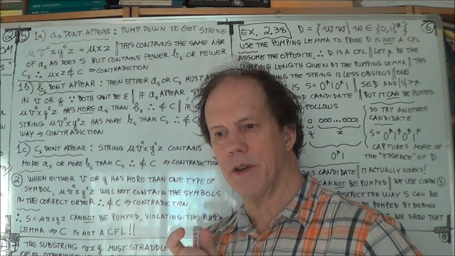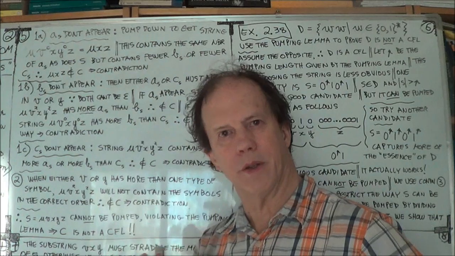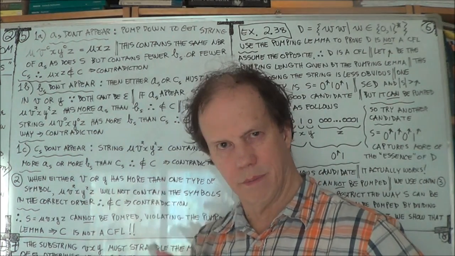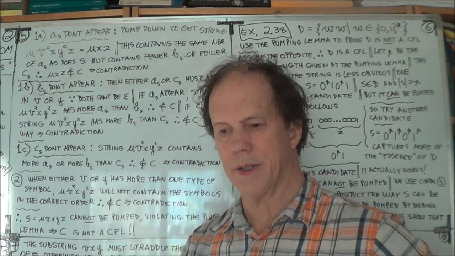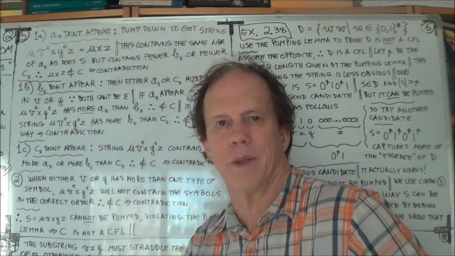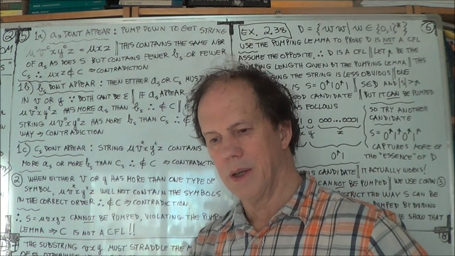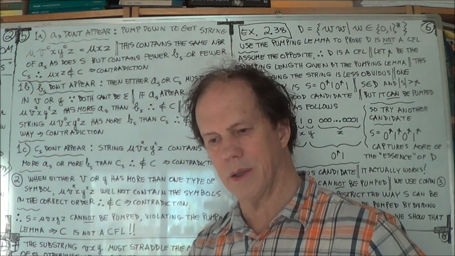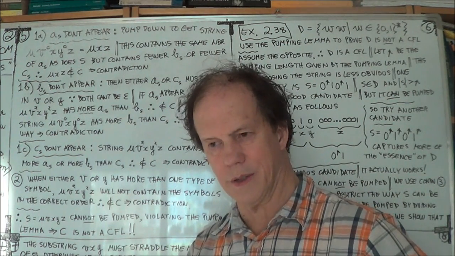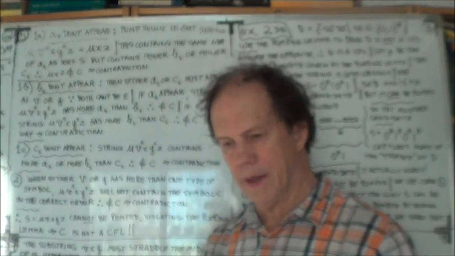Let's say it contains only one kind of letter, say all A's, all B's, all C's. That's case one, and the second case is all the rest, all the other possibilities. So in other words, the string V contains two or three different letters.